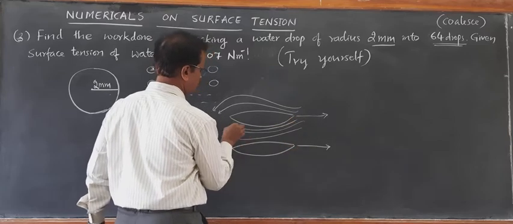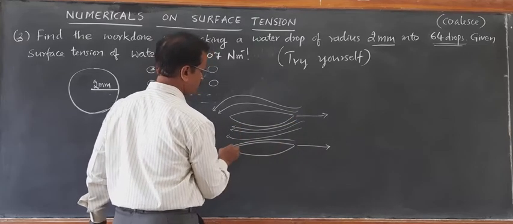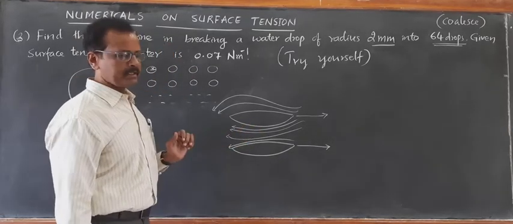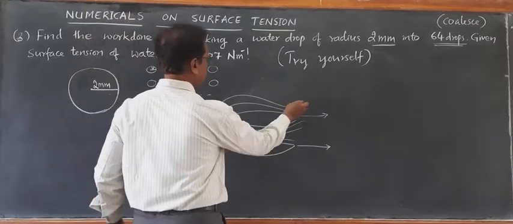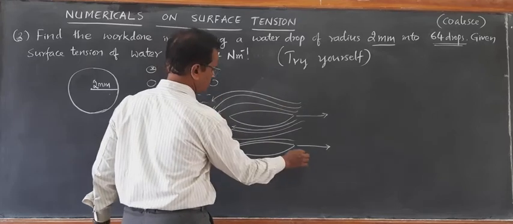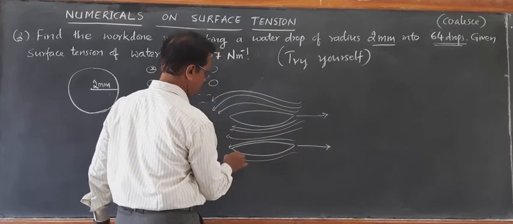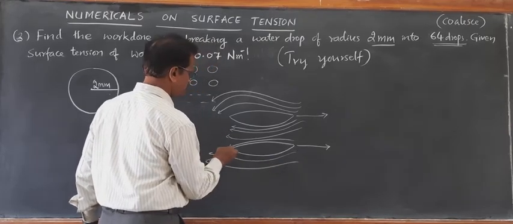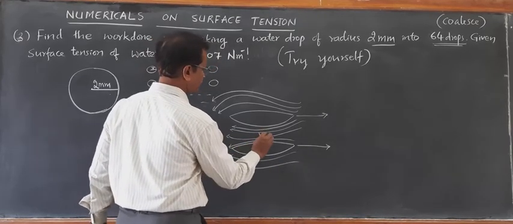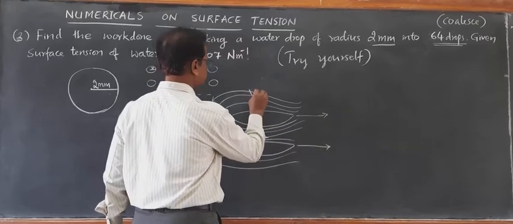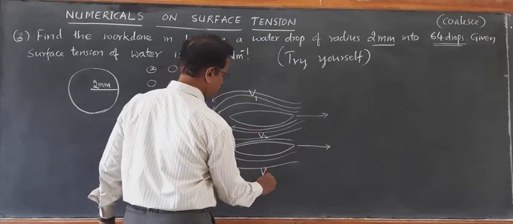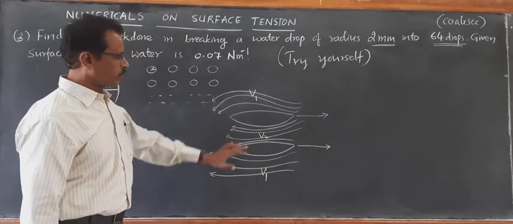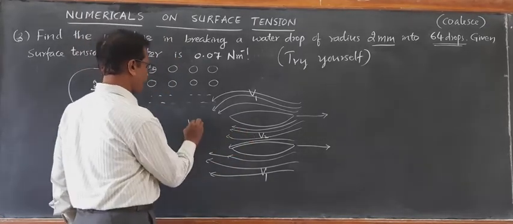The water which is moving in between will have higher speed than the water moving outside the ships. So if you take this as V2 and the velocity of the water streamlines outside as V1, V2 is greater than V1.